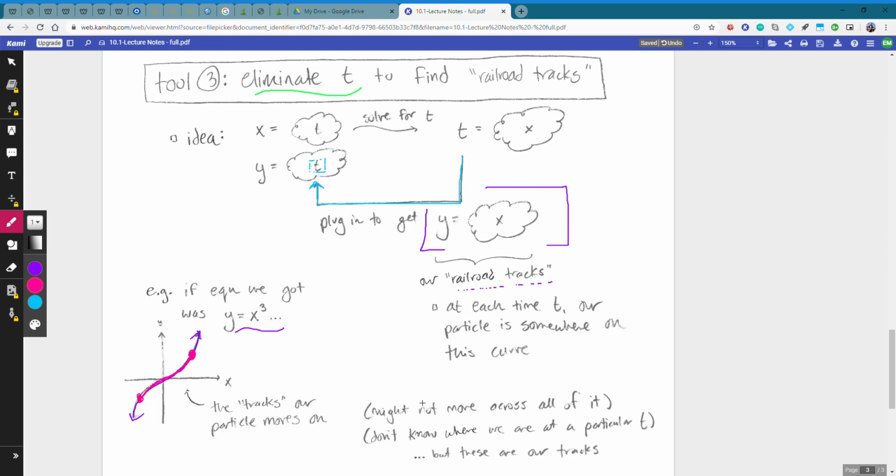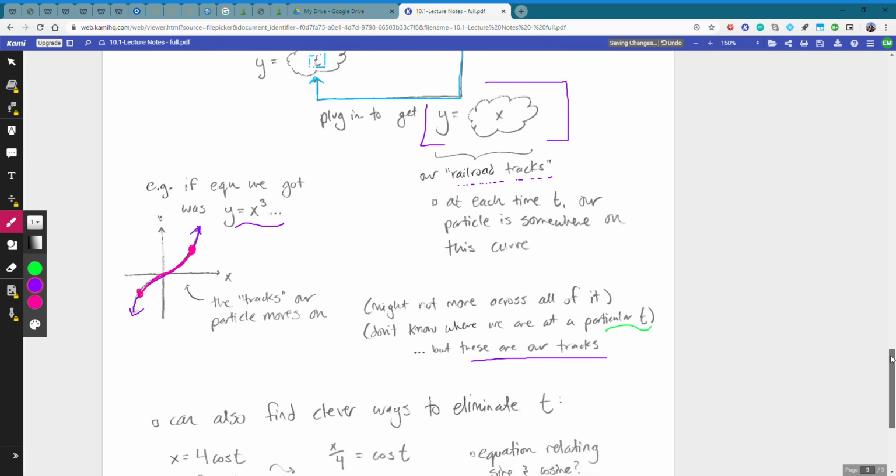That information of what's going on at each particular point in time, or even what our full path looks like, is not immediately clear from this picture, but these are still our tracks, and we know that wherever our particle is, it's somewhere on this curve. And so we can put that into practice for our example.